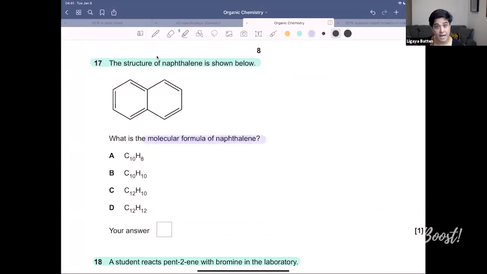So we want to count how many carbons there are in this. So remember, each carbon is a corner here. So we've got 1, 2, 3, 4, 5, 6, 7, 8, 9, 10. So the molecular formula is going to involve C10. Okay, so we have to work out how many H's there are.